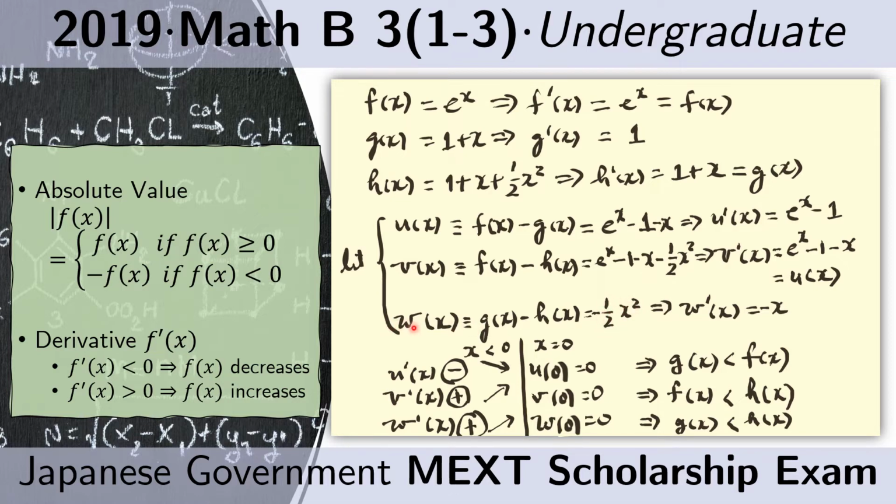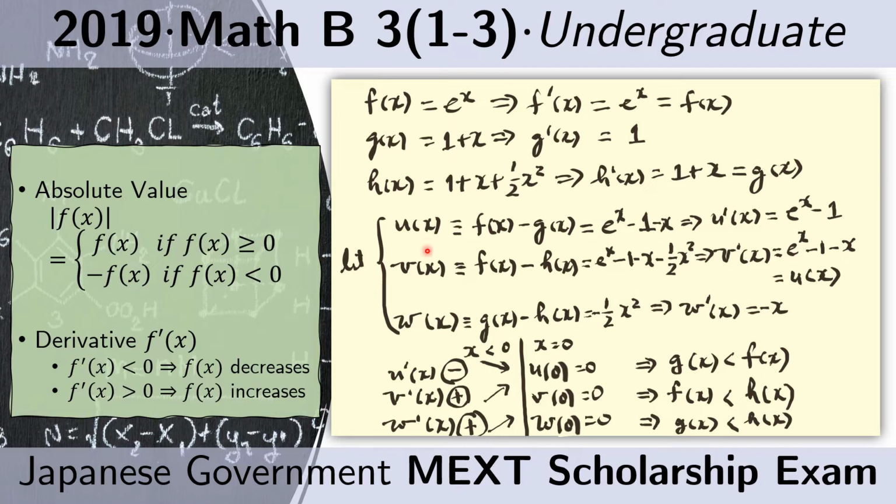That means w of x could only be negative or 0, whatever x is, and that means that g of x could only be less than or equal to h. Again, that's because we have a negative difference. And so we already know that, so we write it down here.